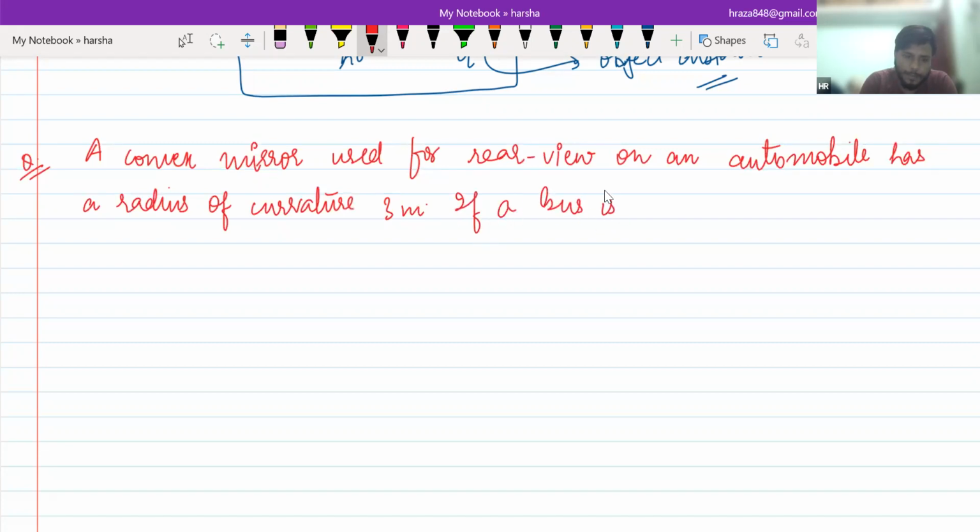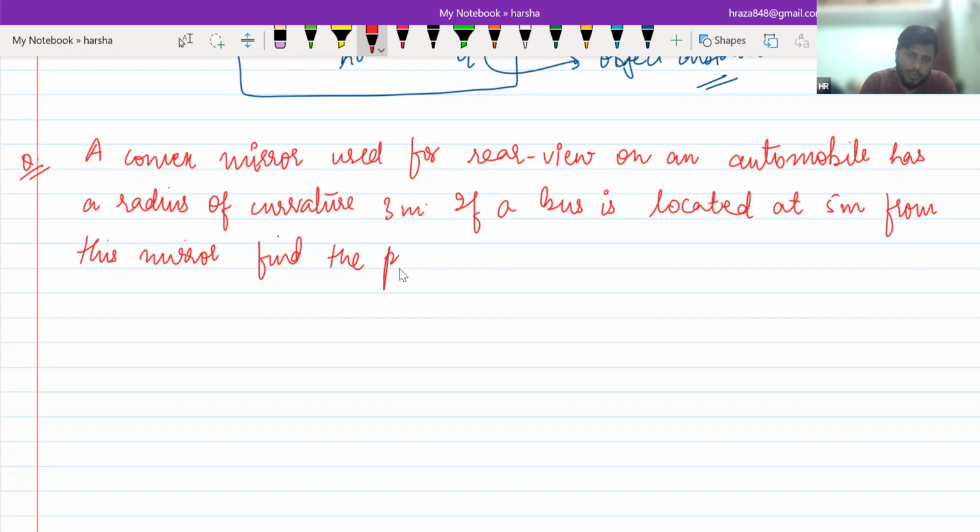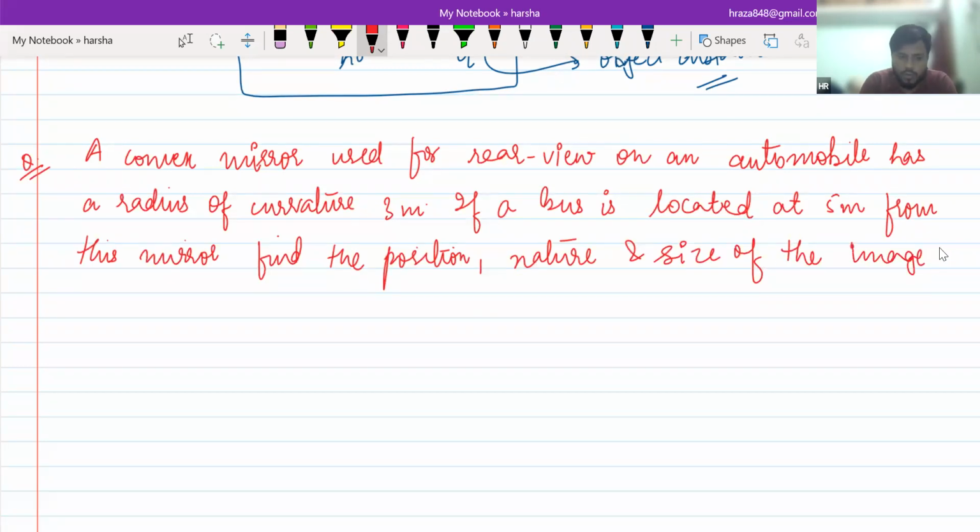If a bus is located at 5 meter from this mirror, find the position, that means image distance, nature and size of the image. Let me know if you don't know how to solve it.